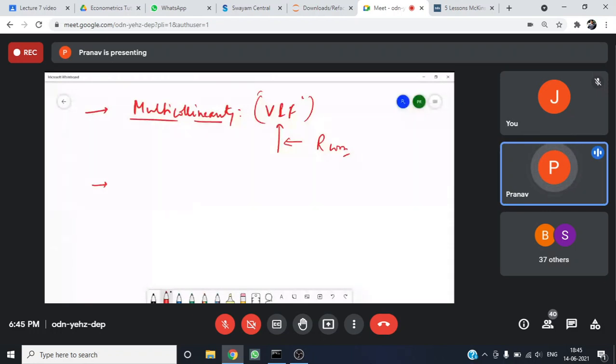The problem happens when you talk about joint hypotheses, when you're not dealing with a simple hypothesis, but when you have a series of hypotheses which are linked together. So mainly we'll talk about linear restrictions, and that's where we had discussed that when you have more than one simple hypothesis joined with each other, then you are not able to just run a t statistic, and that's where your f test or f statistic comes on.